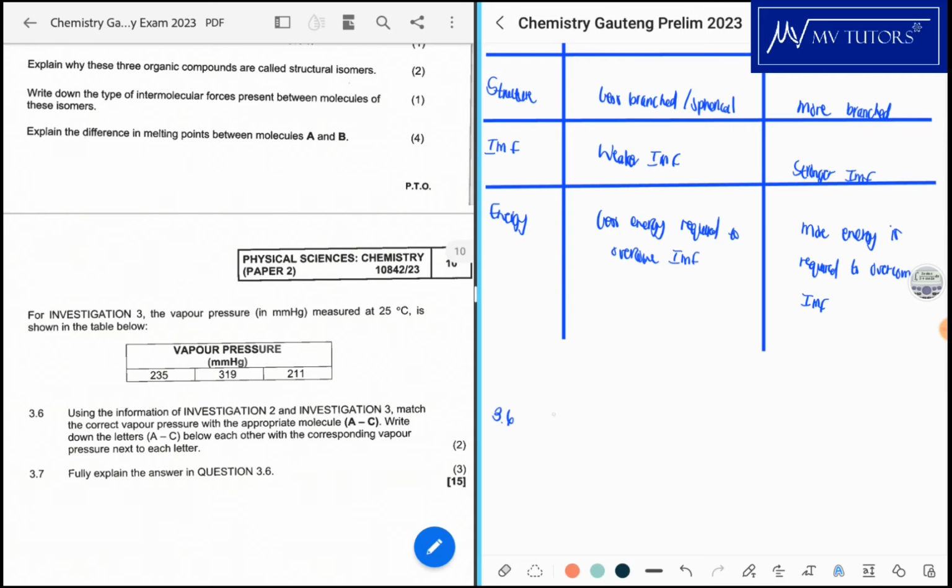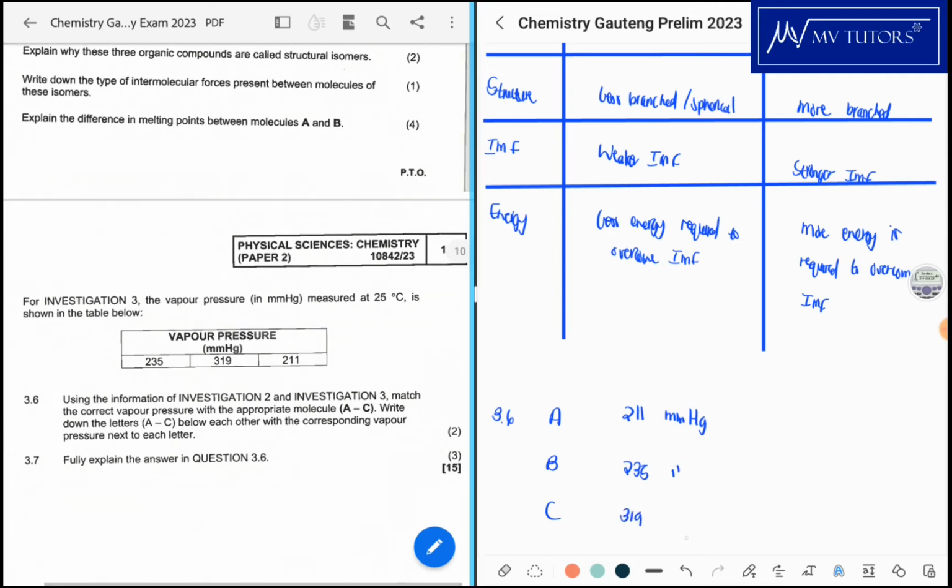So A, remember, it had the highest boiling point, so it had the lowest vapor pressure. Okay, so you have 211. Okay, and the next one would be 235, and the last one 319.